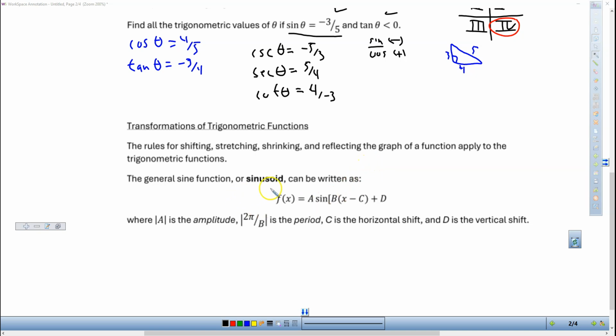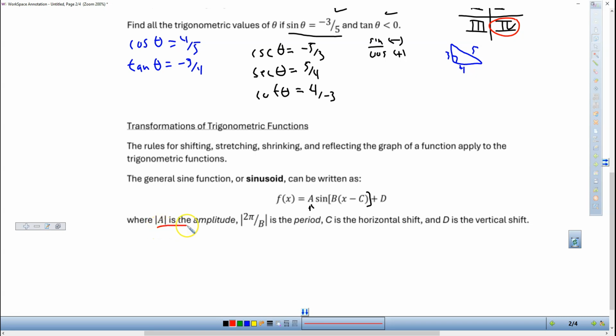Now, the general sine function or sinusoid can be written as follows: f of x equals a sine of b times the quantity x minus c, plus d. So this, of course, is giving us our function that we're going to evaluate. If we pull apart these pieces, what does a represent?